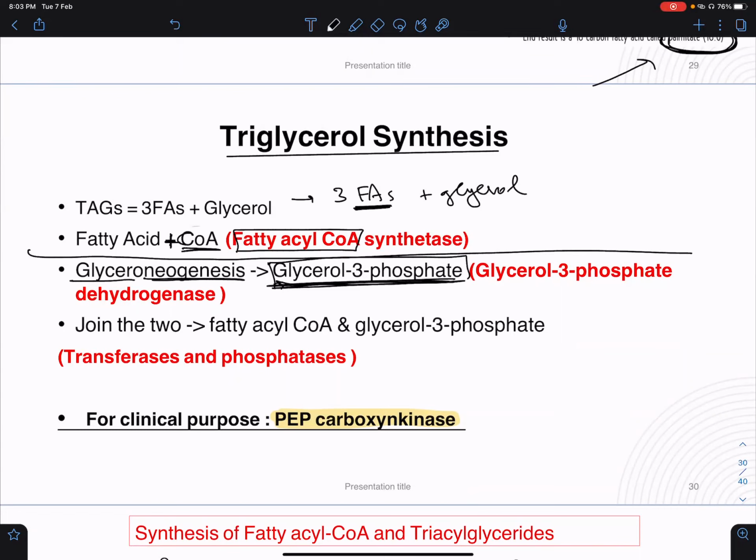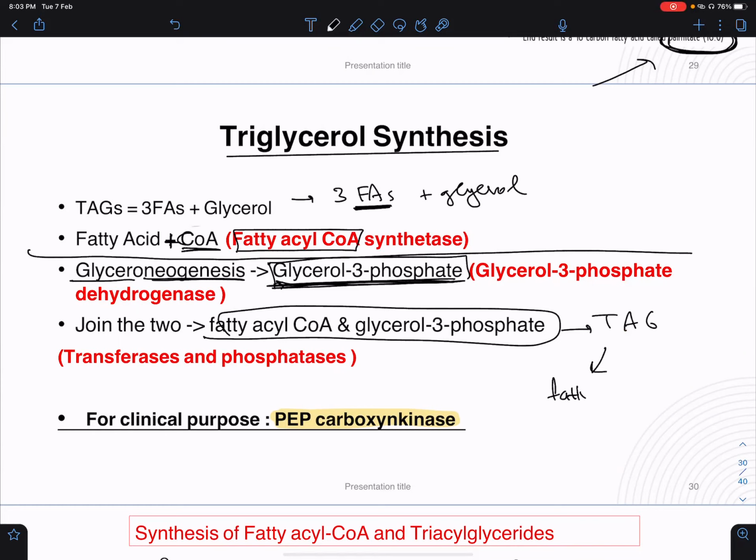Yes, thank you. Okay, so in the end, we just join these two with transferases and phosphatases to give you the final product, which are triglycerides. So they're just 3 fatty acyl-CoA and glycerol 3-phosphate.